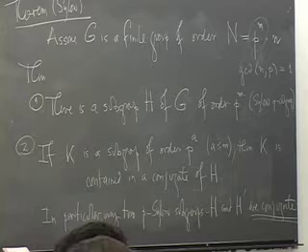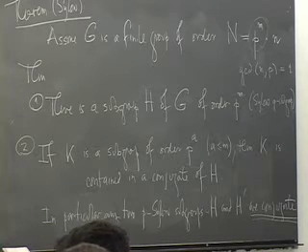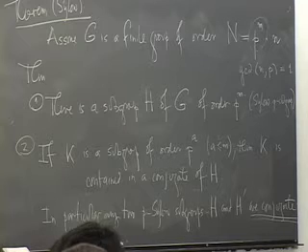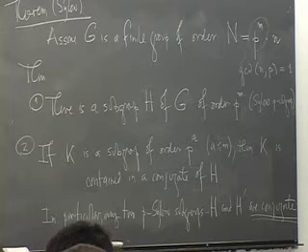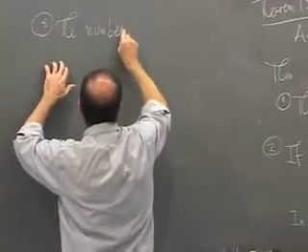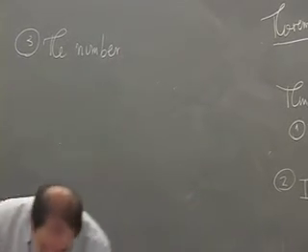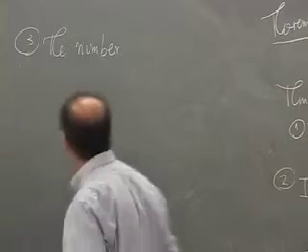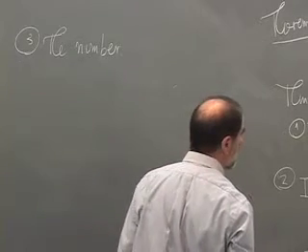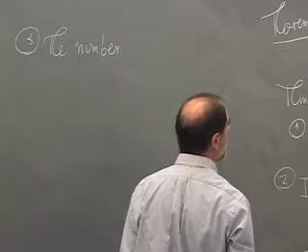And finally, the third part of the Sylow theorem gives you an estimate of how many Sylow p groups are in that conjugacy class. 3. The number, well, let's give that number a name. I was going to call it S for Sylow, but I better use something else.